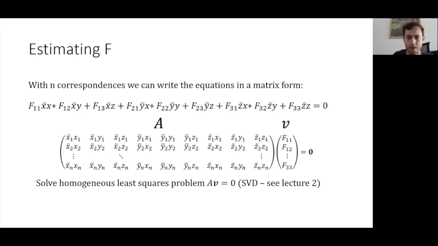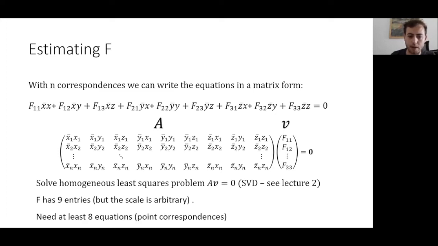So this is the same case here. We want to minimize the norm of AV such that V is of norm 1. So it can be solved by SVD as we saw before. So F has 9 entries, and basically we need at least 8 point correspondences in order to solve V. If we have more, we will have a least squares solution.